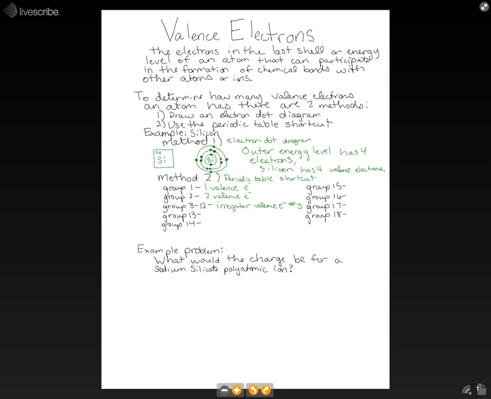Group 13, we pick back up with 3 valence electrons. Group 14 has 4 valence electrons. Group 15 has 5 valence electrons. Group 16 has 6 valence electrons.